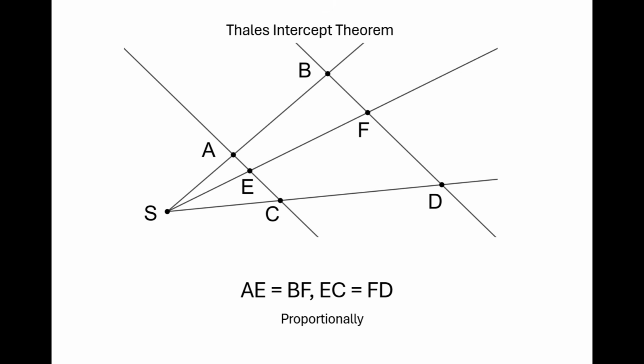Now that we have our constructed values on the quad side, we're going to transfer them to the drawing of Oak Island using Thales intercept theorem.